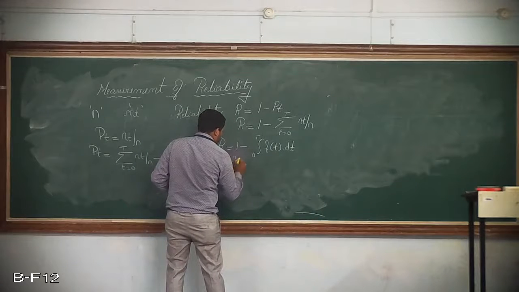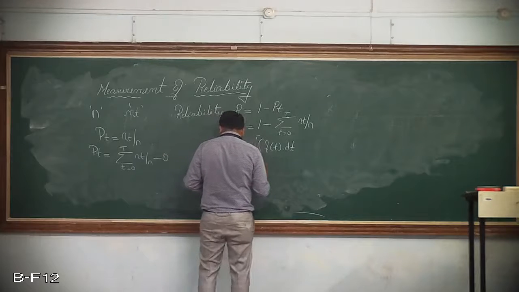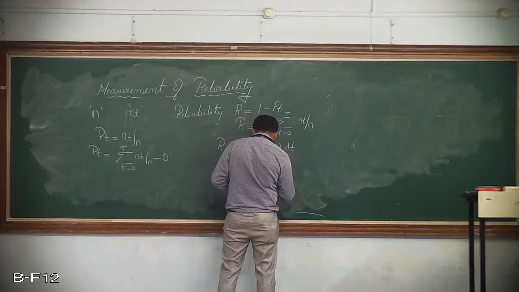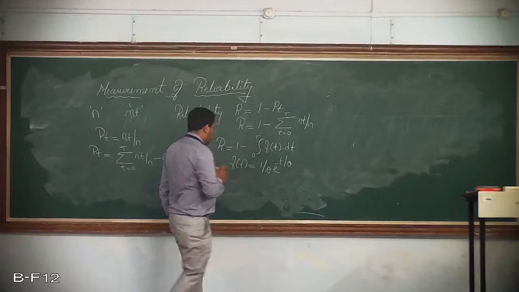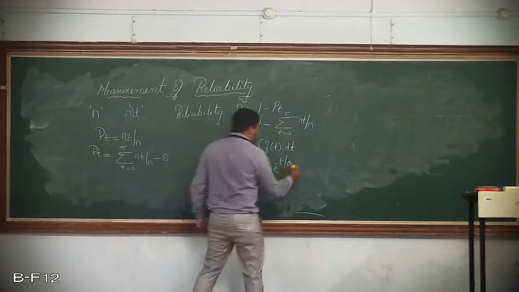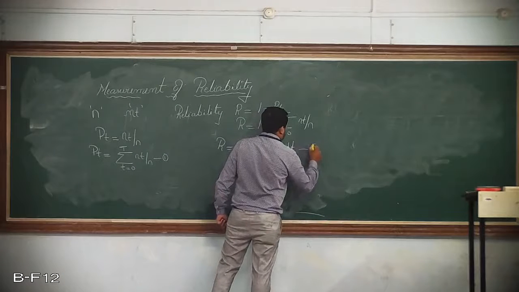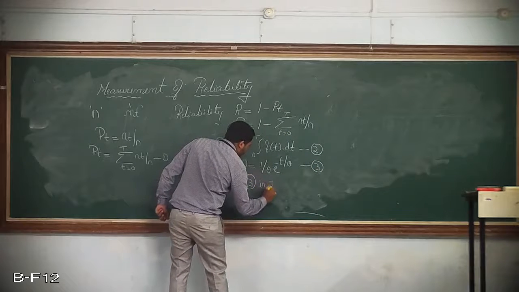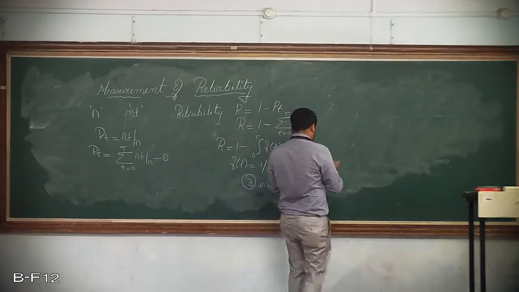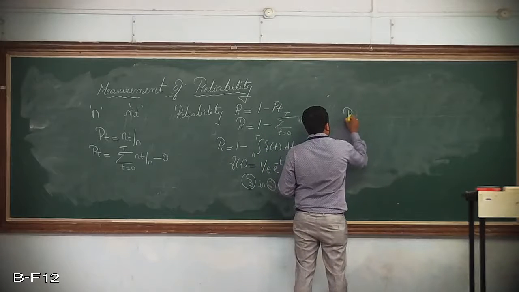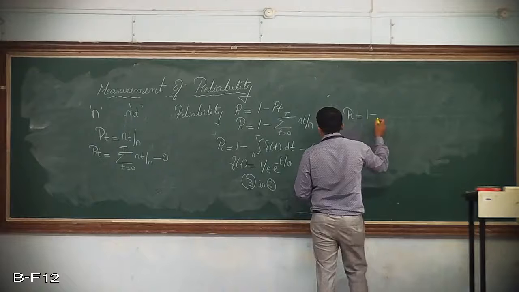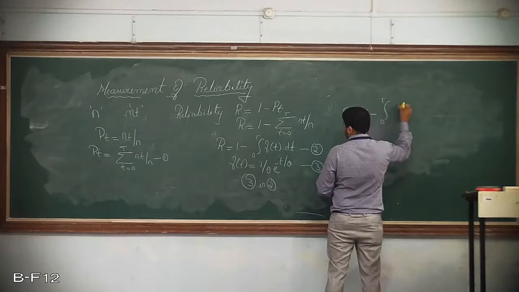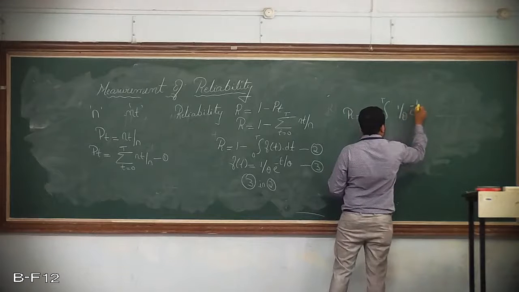Hence, we can represent f(t) as 1 by theta e raised to minus t by theta. Now substituting this equation, we get R, the reliability of a product, as 1 minus the integral from 0 to t of e raised to minus t by theta.